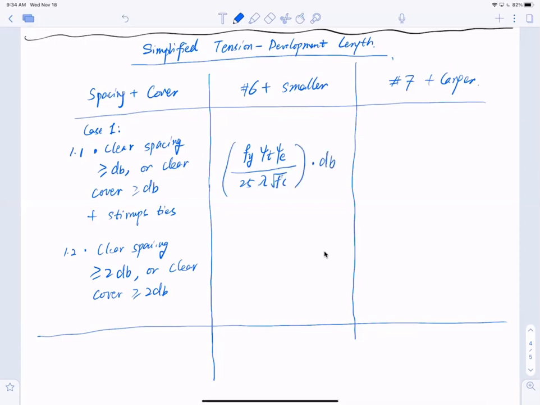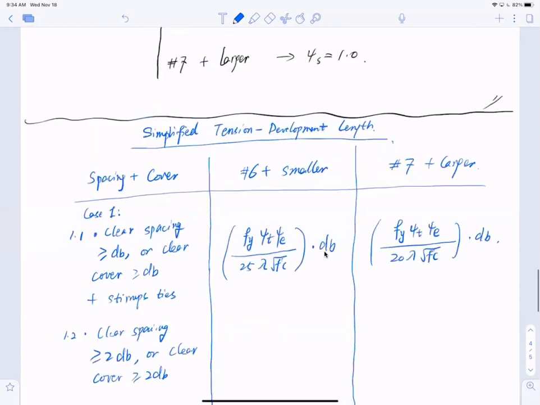All right, if it's number 7 or larger, you have Fy psi_t psi_e divided by 20 lambda square root of f'c, times dB. So you say, Bob, this looks the same as the previous equation. What are you talking about? What do you mean by simplify?